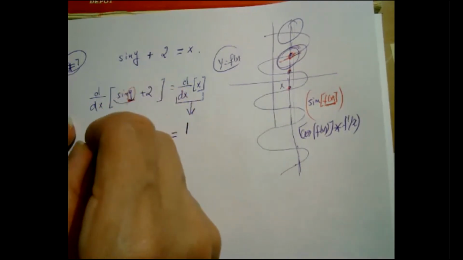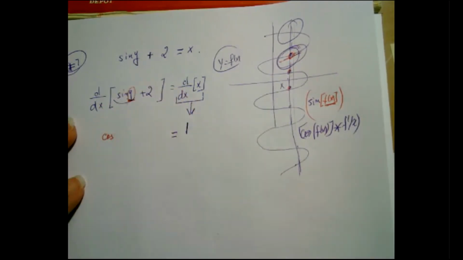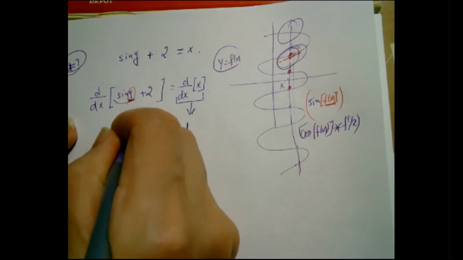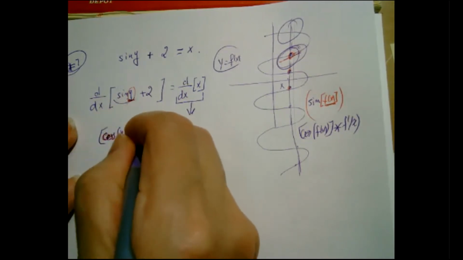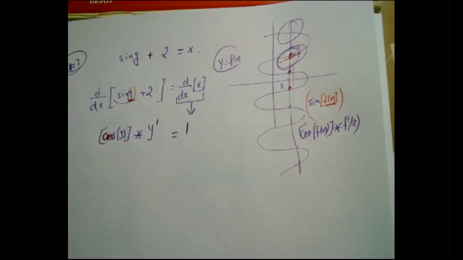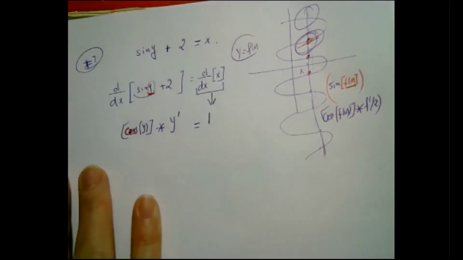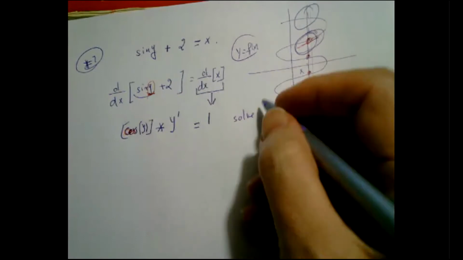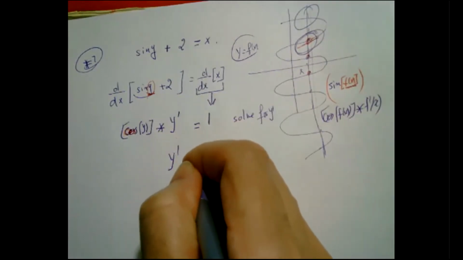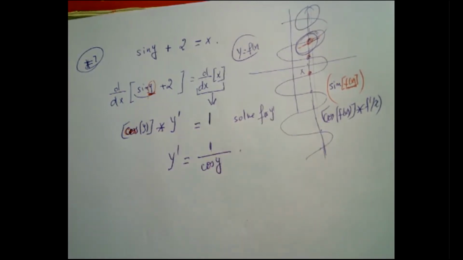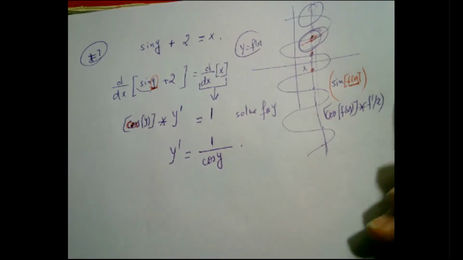So the derivative here is going to be the cosine of y, which is f, times the derivative of the inside, that I can call y prime. Now I solve for y prime. So first we differentiate both sides and solve for y prime, which gives me y prime equal 1 over the cosine of y.